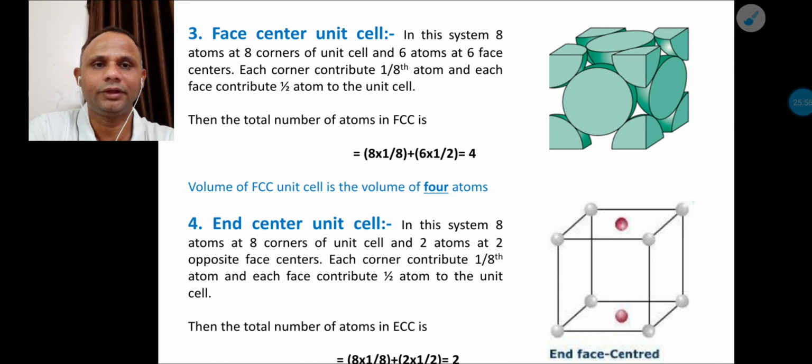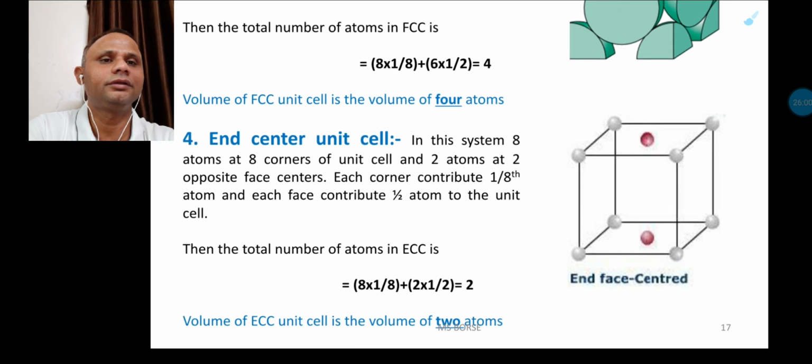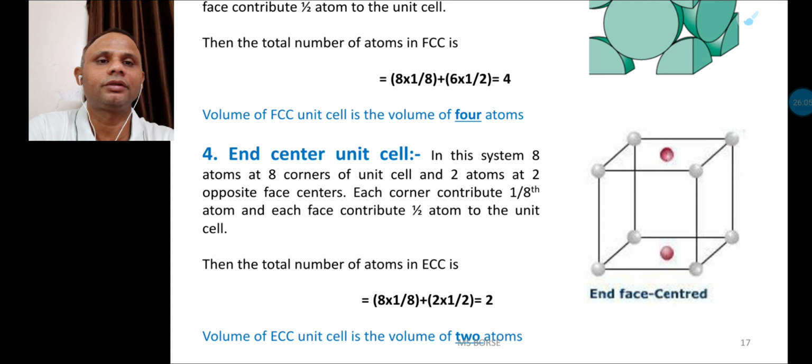Okay. So the fourth one is the end centered unit cell. In this system, there will be 8 atoms present at the 8 corners and 2 atoms present at any two opposite faces of the unit cell. Each face contributes one half atom, and each corner 1 by 8 atom.